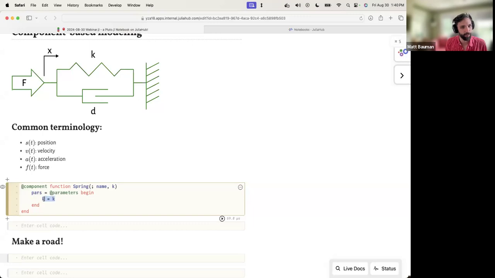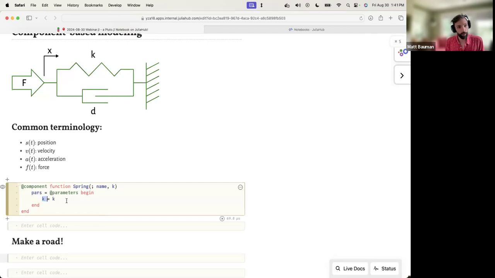This K = K looks a little funny. It's kind of like a tautology, but what it's saying is that the parameter named K is going to get pulled from the argument that we passed. The thing on the right-hand side matches what's here, and that name could be different, but by convention we just keep it the same because it looks the same and it is the same.